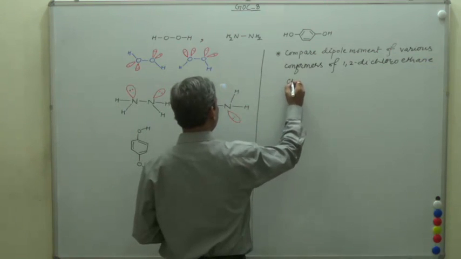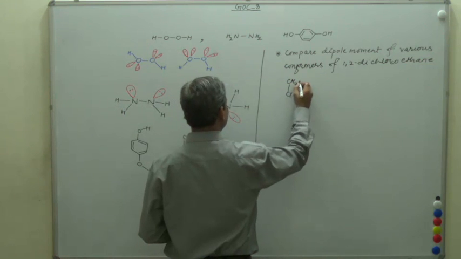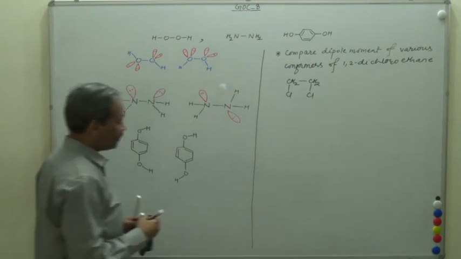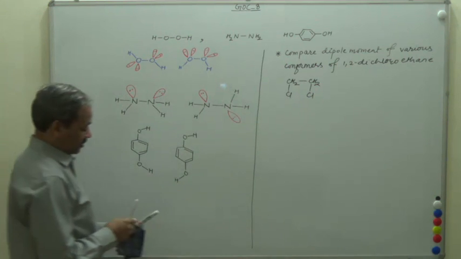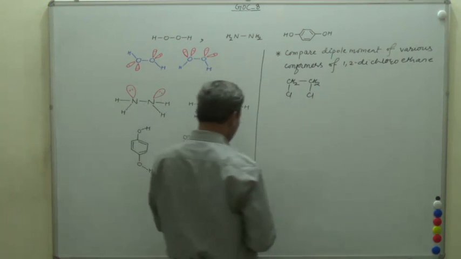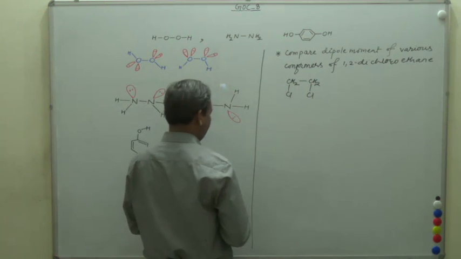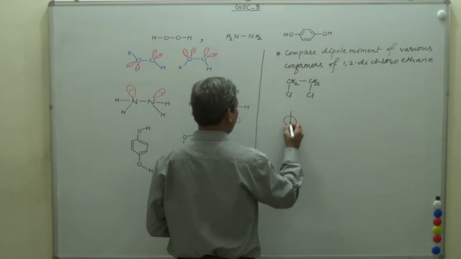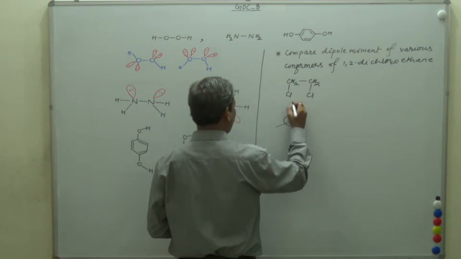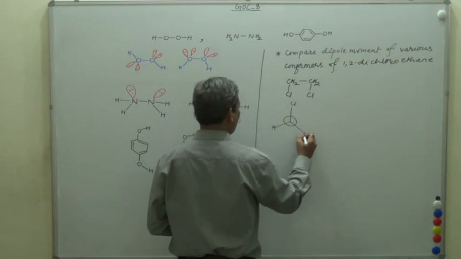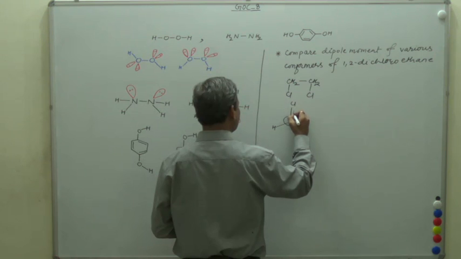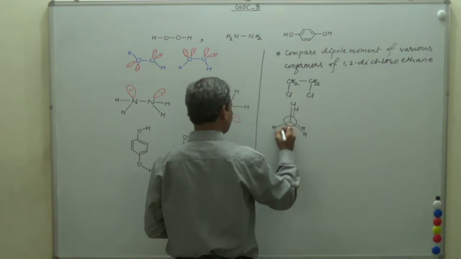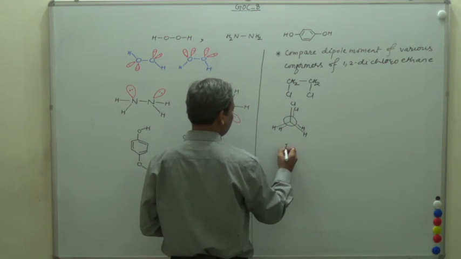So 1,2-dichloroethane is CH2Cl-CH2Cl, and this 1,2-dichloroethane exists in four conformeric forms. This is the first form.